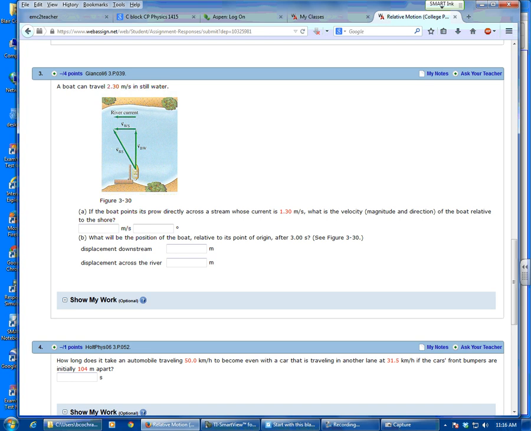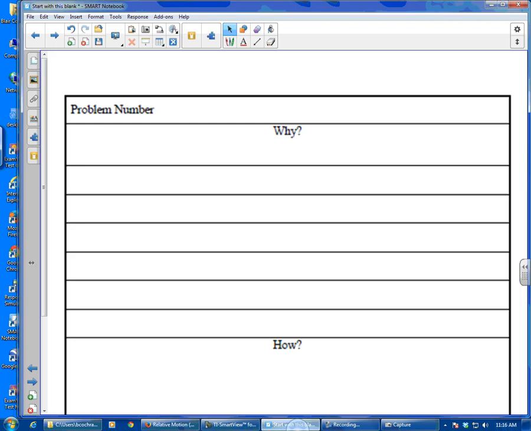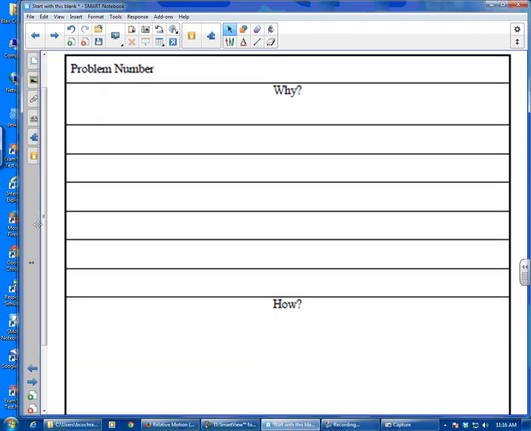So what I would put for my y here, I'm probably going to draw that diagram, but I'd also put things like, let's see what they have.